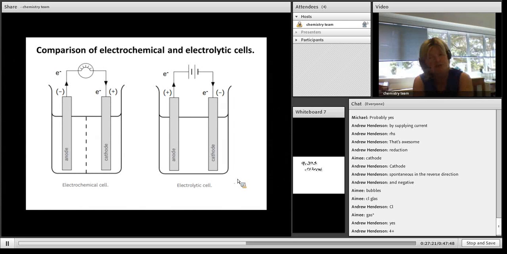You need to be able to compare the two different types of cells. So on the left, we've got the electrochemical or the galvanic cell, and you'll notice the features. We've got a cathode and an anode. We always have to have those solid bits to it, no matter what cell you have. But you've got a salt bridge separating the two.